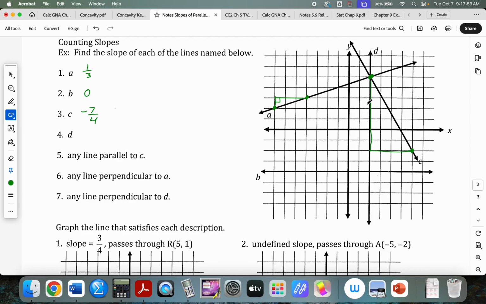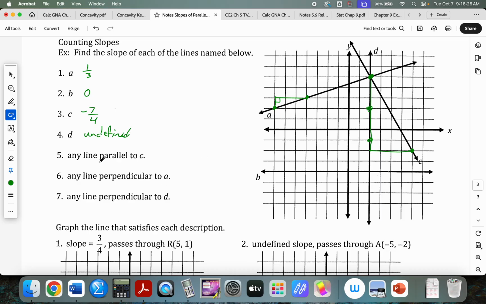So no matter what 2 points you pick, this would be 3 over 0, which is undefined. And for slope, the way to think about that is, this is so steep that we can't give it a numeric value, right? It's perfectly steep.